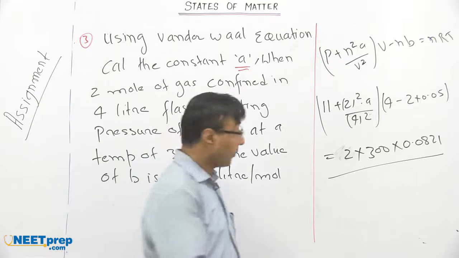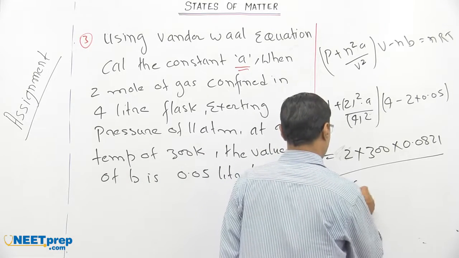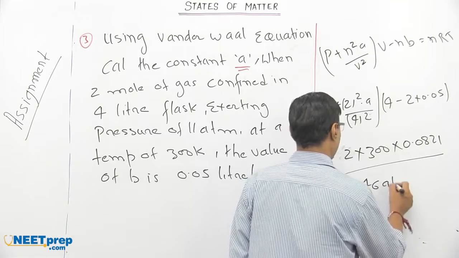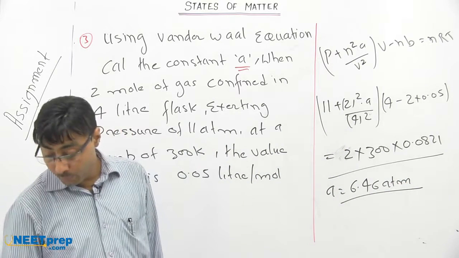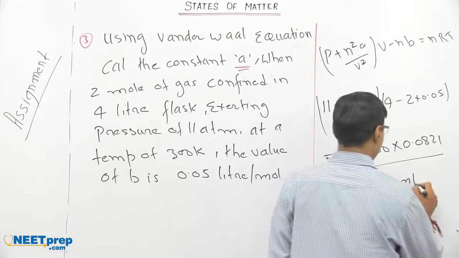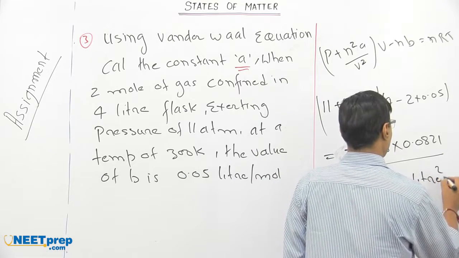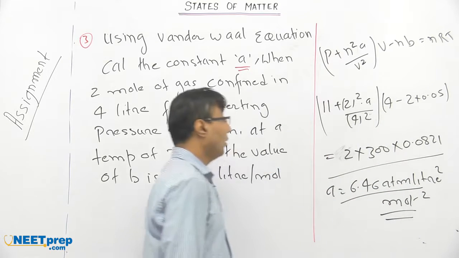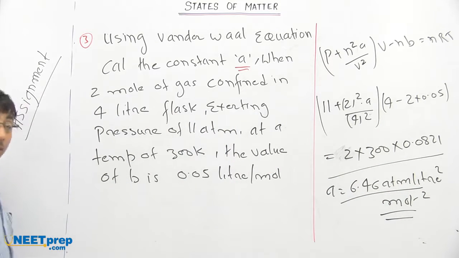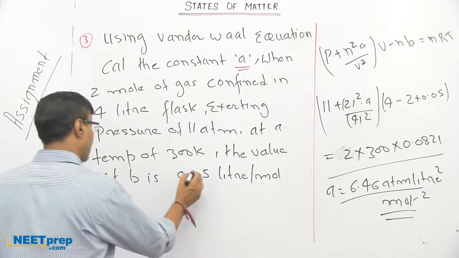A is equal to 6.46 atm liter square mole minus 2. One very interesting fact is there.